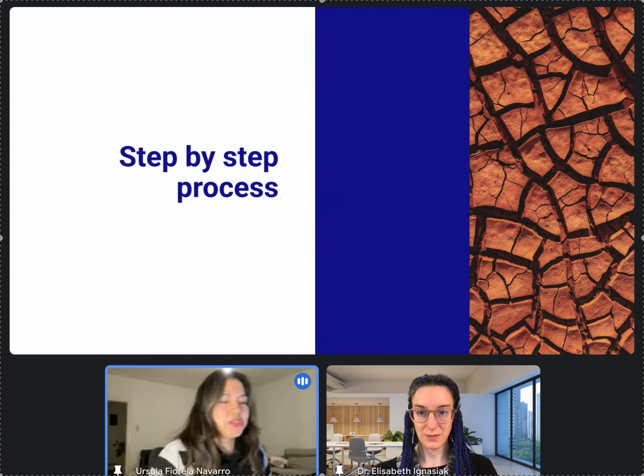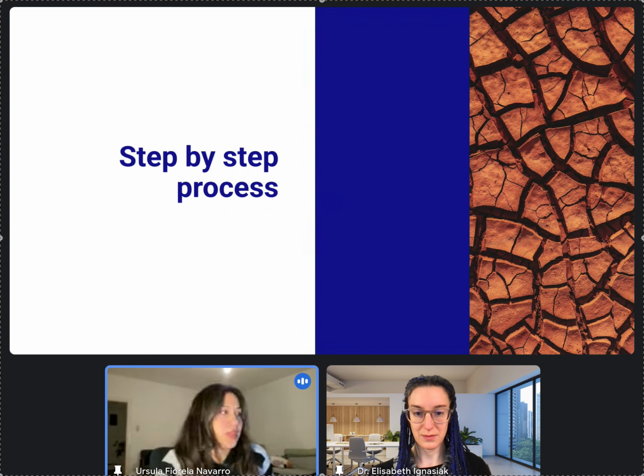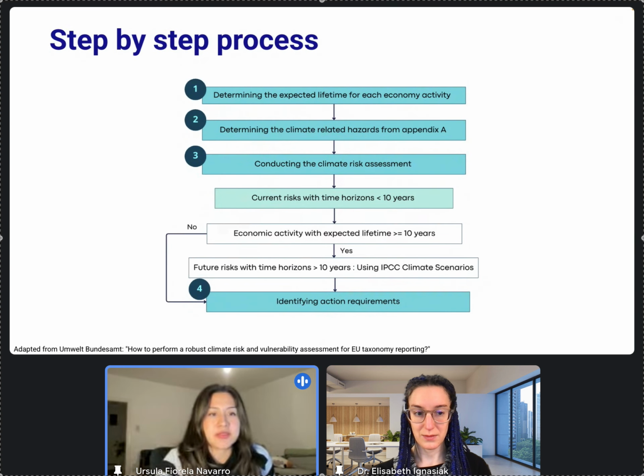So, how to perform a climate risk assessment? Of course, this is a very complex and dynamic process, but we can exemplify it in this easy scheme.